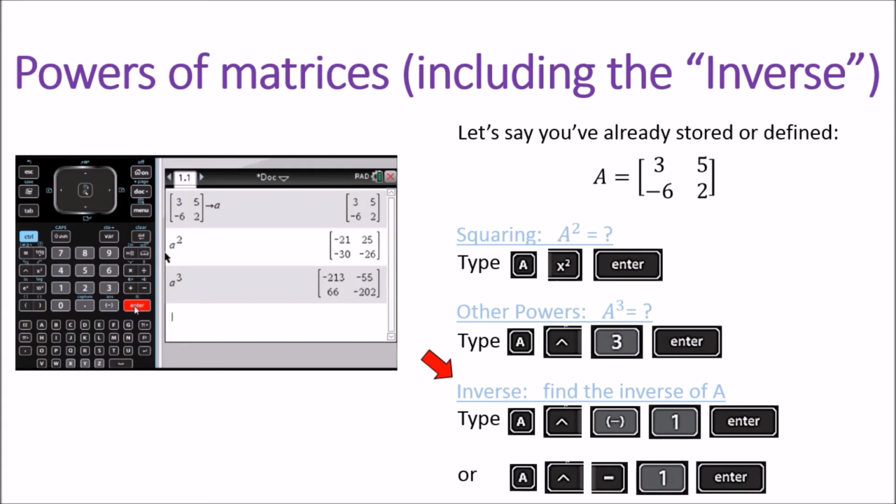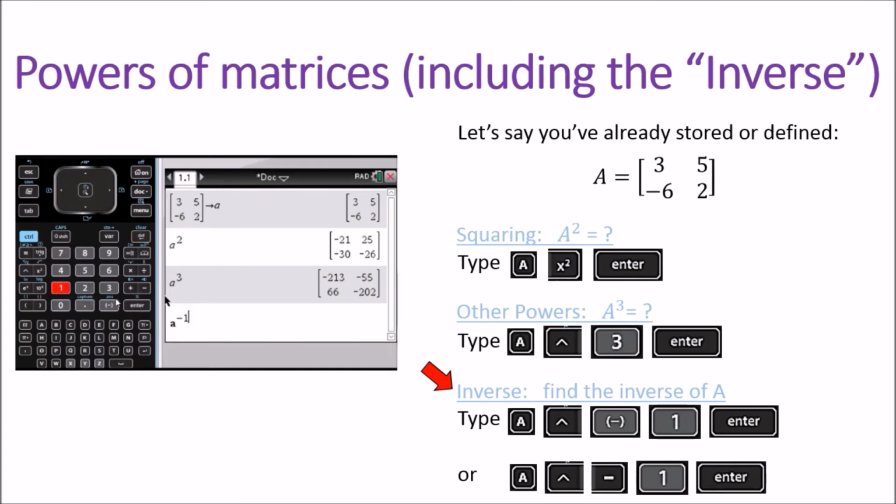If we want to find the inverse, which is very important, for example when you are solving systems of equations, you press A, this button here to get us up into the powers template, and then you can either press this negative sign here and the number 1.